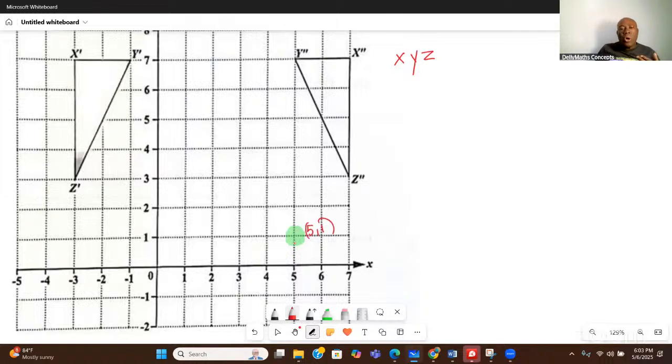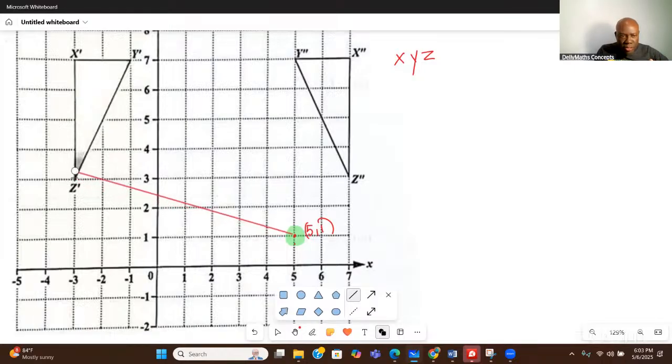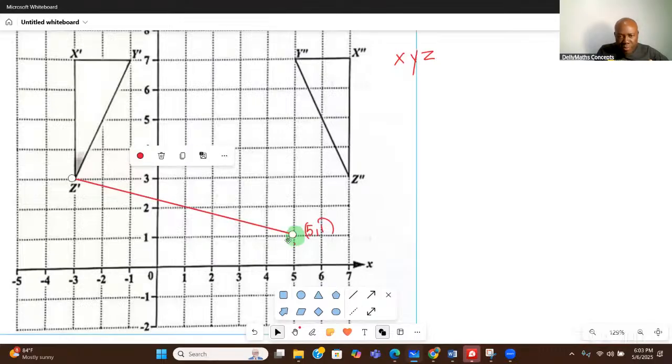Remember, in order to get back the object, you draw straight lines from the center to the vertices of the image. We're going to connect that like that.